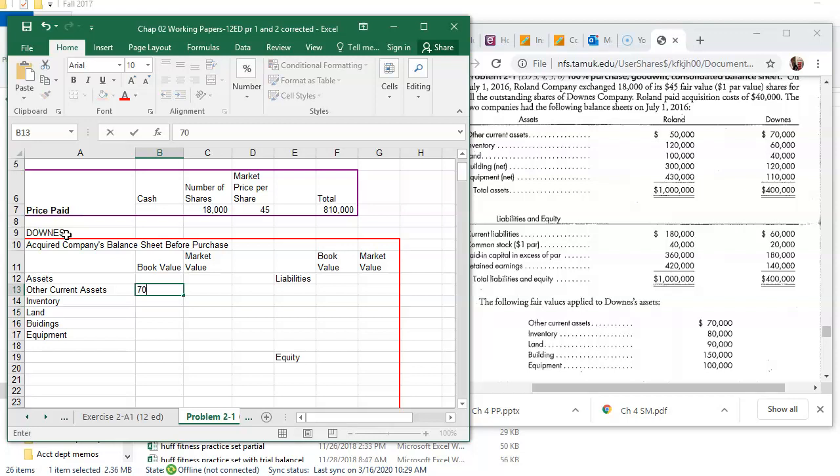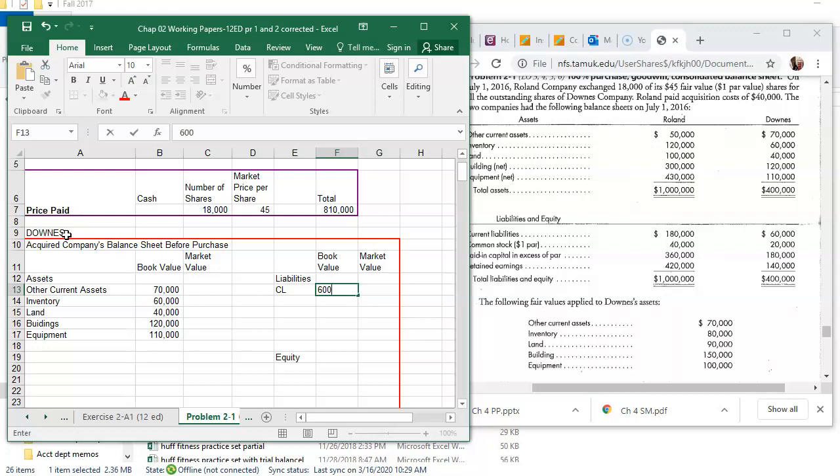And they were 70, 60,000, 40,000, 120, and 110. All right, the liabilities were current liabilities, and that was it.